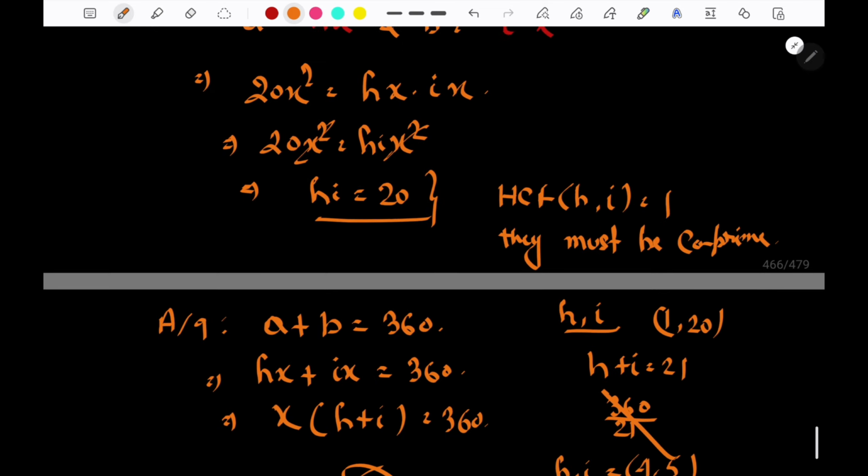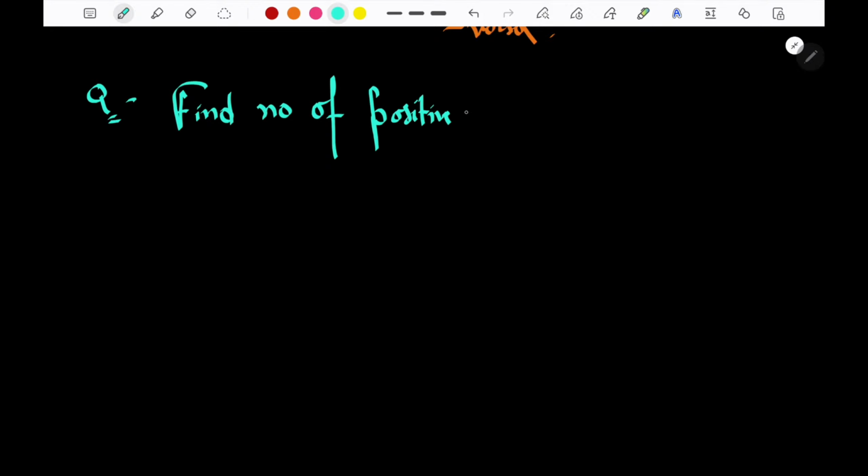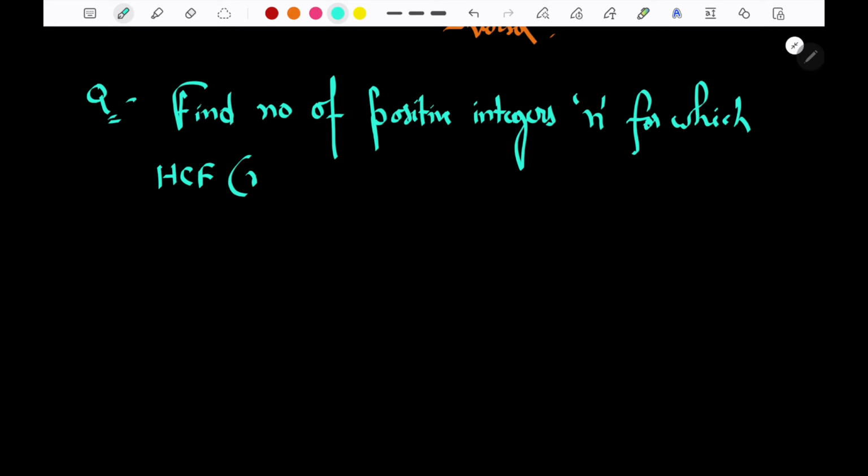Next question says, find the number of positive integers n. Now slowly and gradually the level of questions will rise, for which HCF of n square plus 6n plus 10 comma n plus 5 is greater than 1.